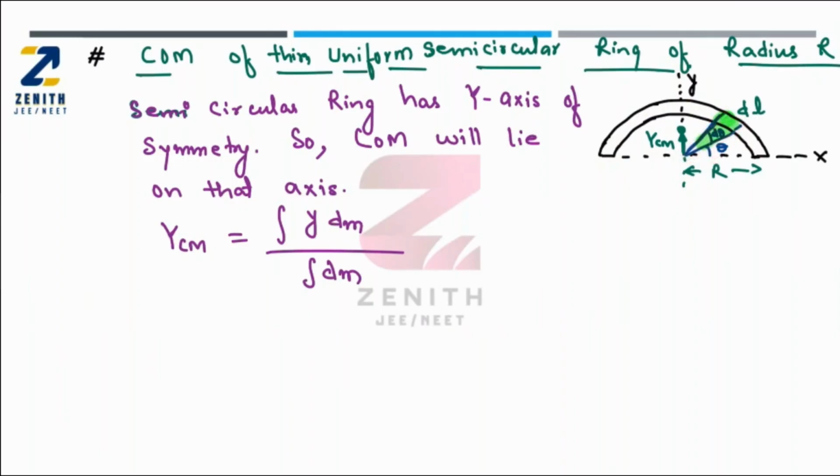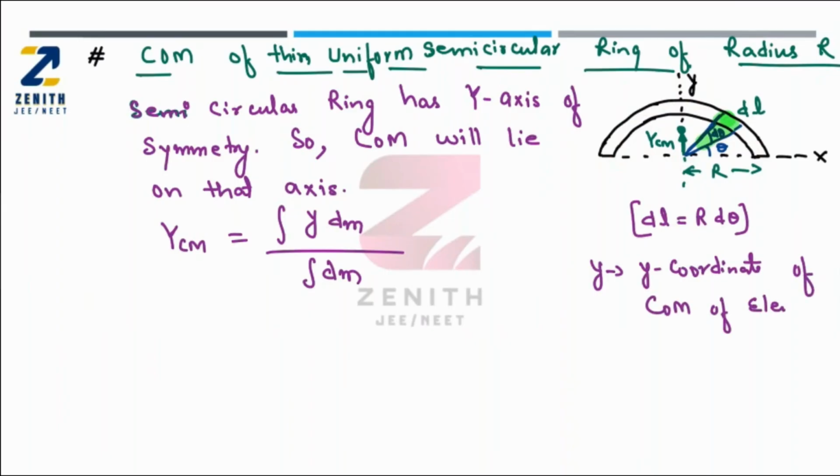So can I say the dl value is nothing but r into d theta, because r is the radius of the semicircular ring, and this small element is making a d theta angle at the center. What is y? Y is nothing but the y coordinate of the center of mass of the element.